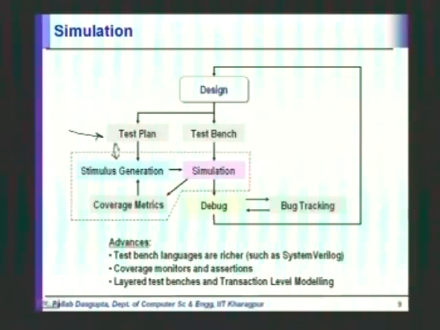Then today there are new kinds of languages which are coming up for expressing the test plan at a more abstract level, and from that the actual stimulus generation is being done automatically. The other important thing here, which is also relatively new, is coverage metrics. Now coverage metrics in the classical sense have been around for many years.